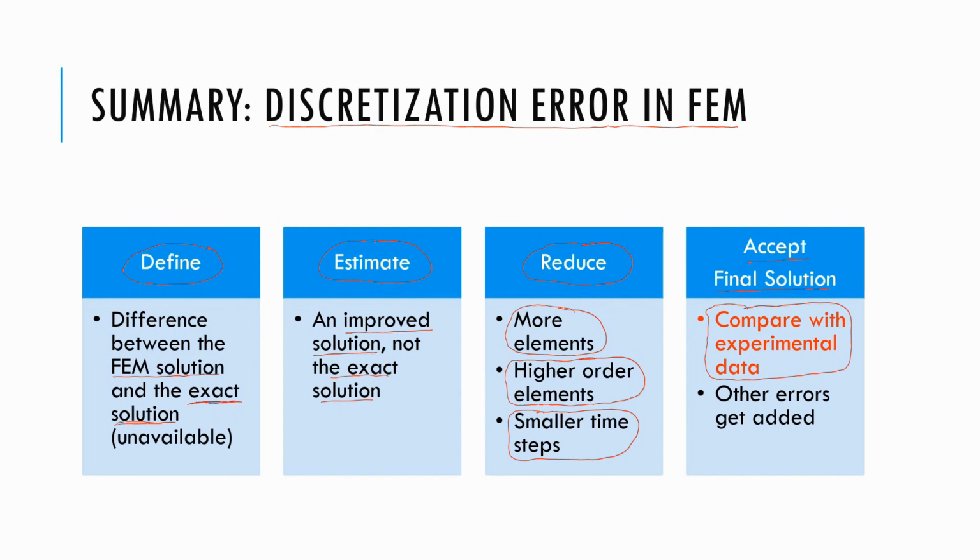So when we compare the solution from a finite element calculation with experimental data, other errors get added in our solution. Other errors like the physical approximation error that we made to even get to the governing equation and boundary conditions from a physical problem.